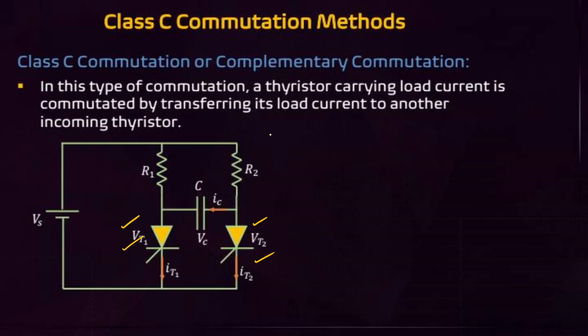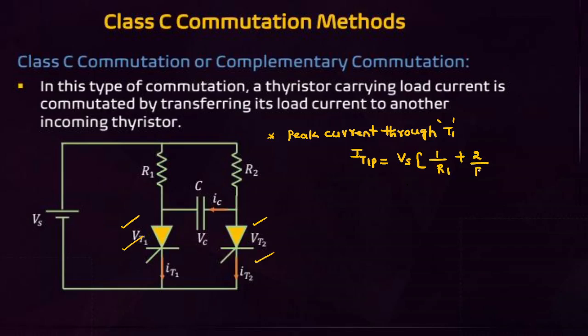Here, how to remember the peak current through the T1 thyristor: IT1P equal to Vs into 1 by R1 plus 2 by R2.